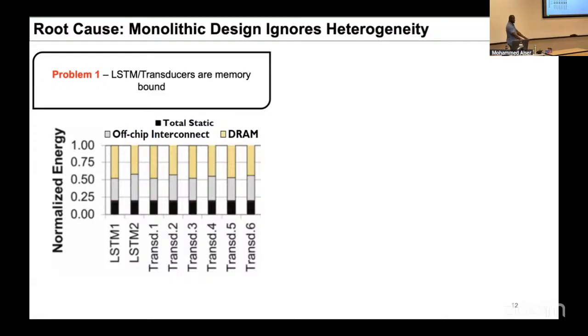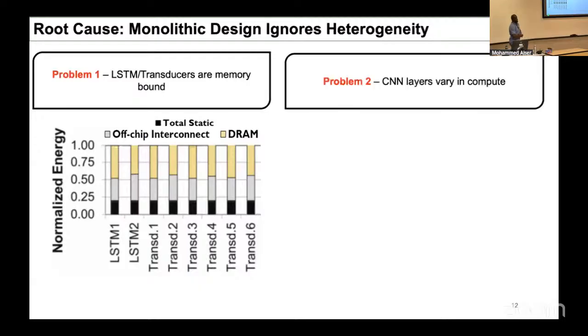They spend a lot of time making trips, while the processing element array is just like, anytime now, I'm ready. So the first problem is that LSTMs and transducers are memory bound, so they need to be optimized for that particular application.